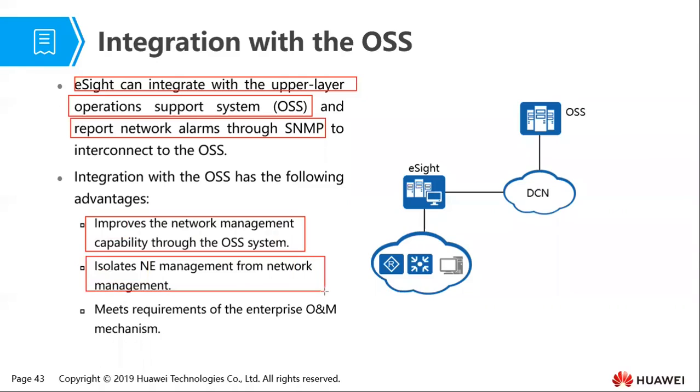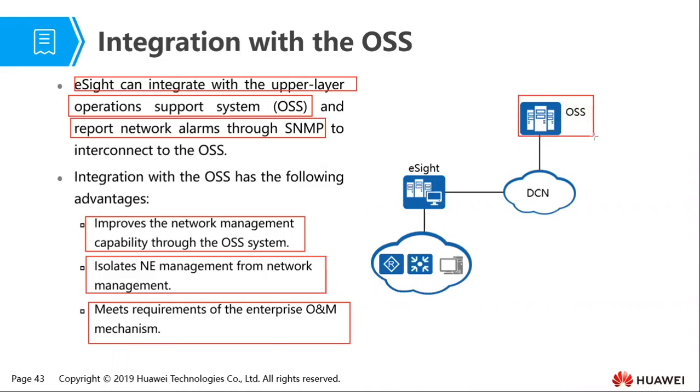It also isolates the network equipment management from network management, and it meets requirements of the enterprise operation and maintenance mechanism. So the OSS is simply another monitoring server whose main purpose is network equipment management. So that is the integration with the OSS. So they can work hand in hand.